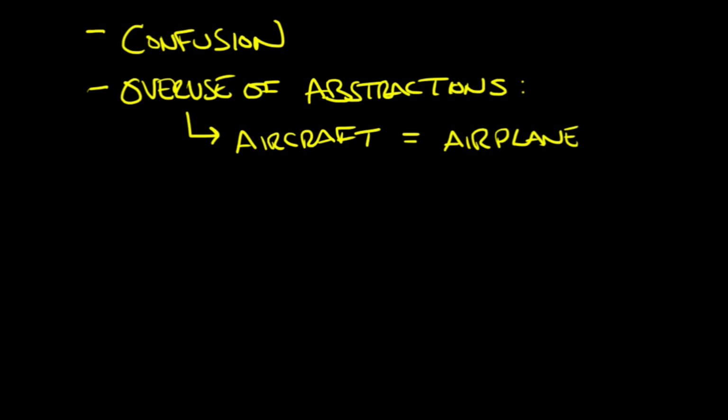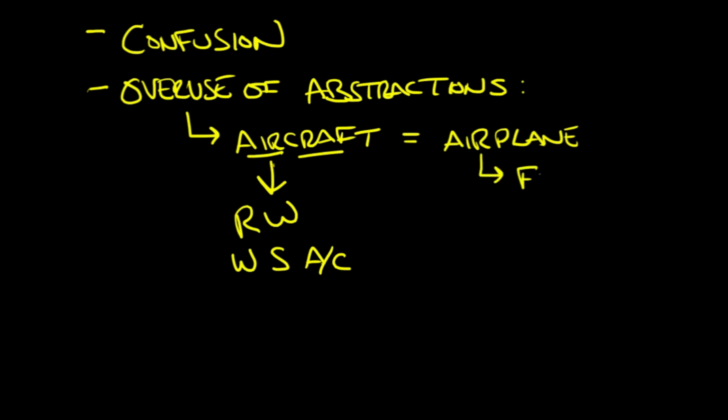And we all know that aircraft includes things such as rotary wing, maybe weight shift aircraft, anything that really flies by definition is an aircraft. So we have to be sure that we don't speak in general terms and that we're very specific. When we're talking about an airplane, we let them know that's a fixed wing.